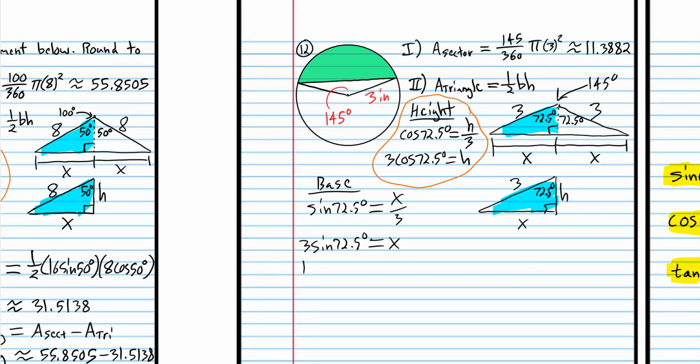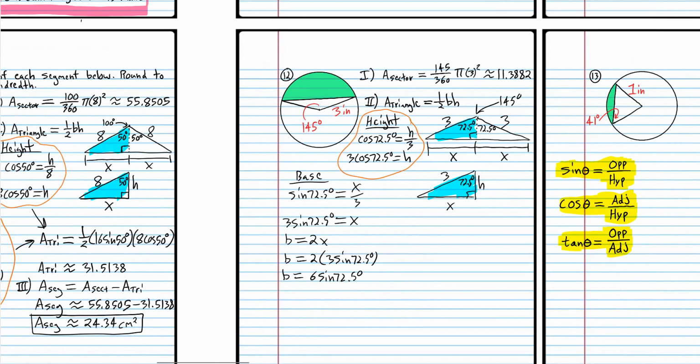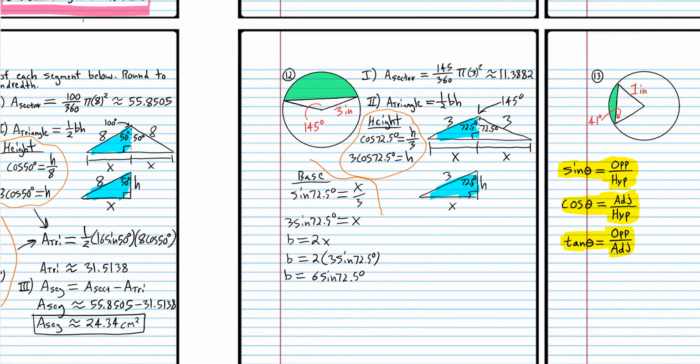And we don't want x, though. We want the base. The base is 2 times x, so 2 times the value we just found. And of course, we can simplify that to 6 times sine 72.5 degrees. So all that we just did there was to find the base of the triangle.